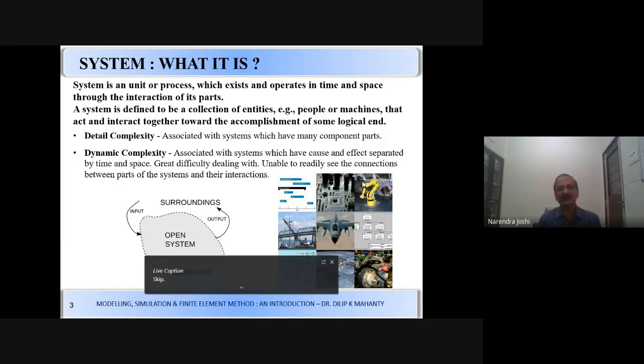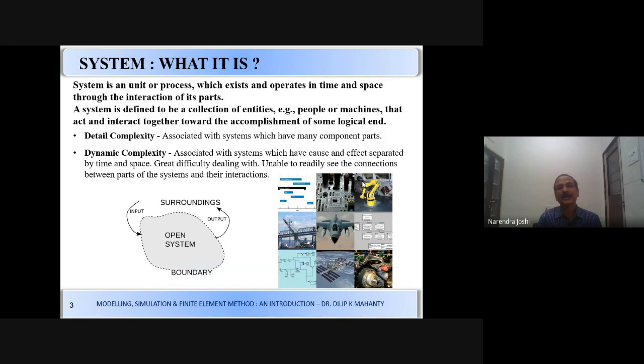But please remember, these are things which are there in our day-to-day lives. If you see the right side of the screen, you'll find examples from our day-to-day life. For example, in the center, a fighter jet; right top corner, robotic automation in the manufacturing industry; bottom middle, the space station; left middle, a bridge system.